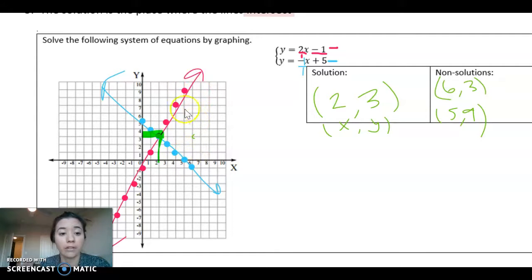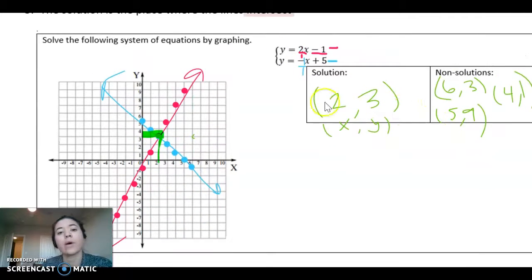That point 5, 9 only makes the pink one true, so that's not a solution. Same goes with a point on the blue one. Let's say 4, 1. That would not be a solution because it only makes this blue equation true. It's only a point on the blue line. So that would be not a solution.